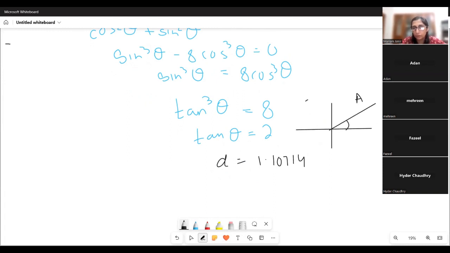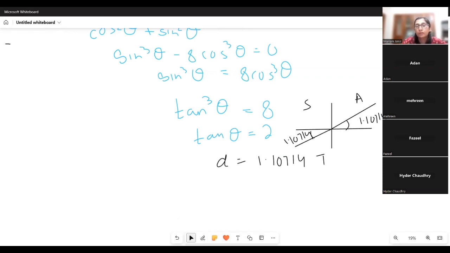Add it to pi, and in the third quadrant, 1.10714. I think the question mentions that the angle is acute. It doesn't mention that the angle is acute.